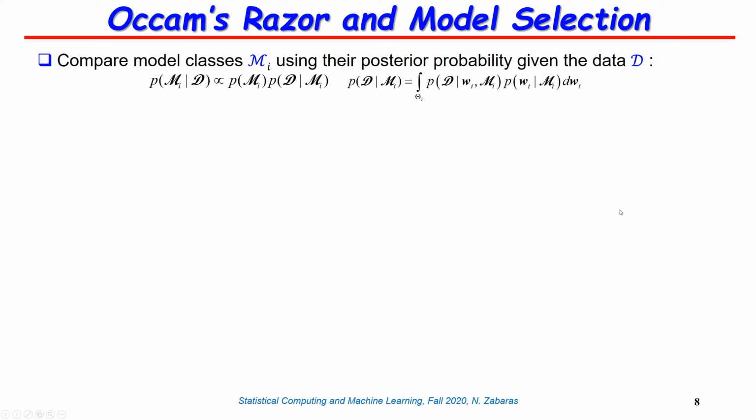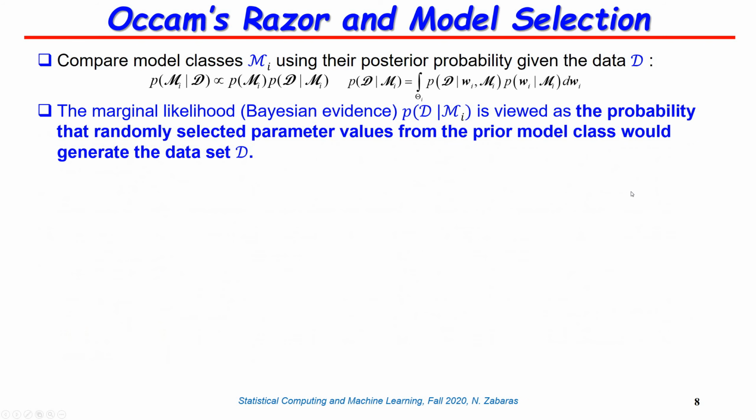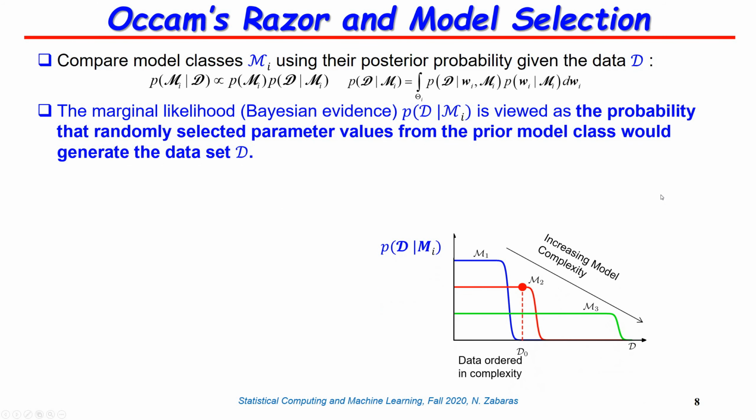Okay, so these are again our two equations. This is the posterior over models. This is the marginal likelihood that I had before. And we discussed this very nice graphical representation that gives you on the vertical axis the marginal likelihood for different models. The horizontal axis is the data sets, ordered by complexity, and these are different models of different complexity as well.